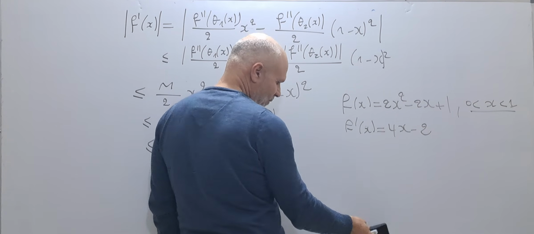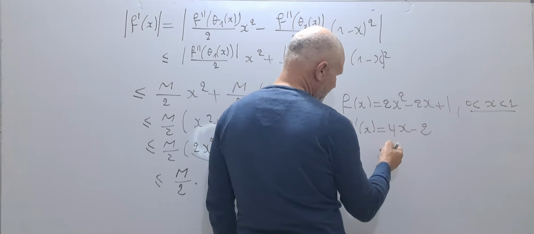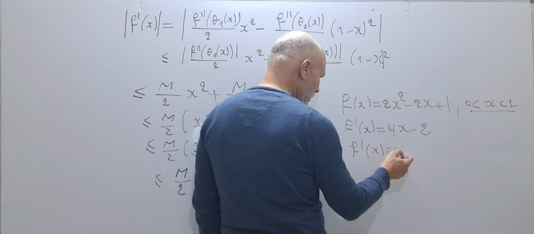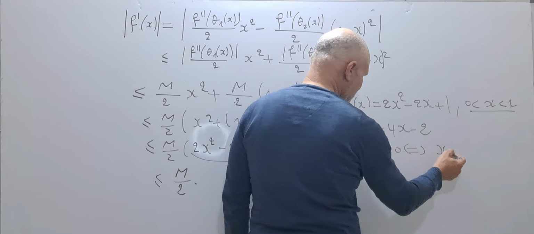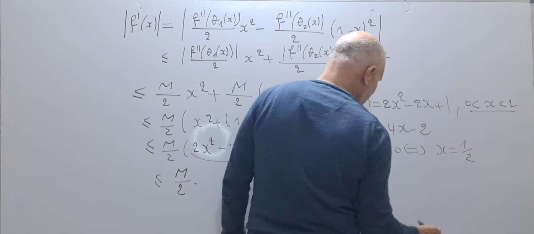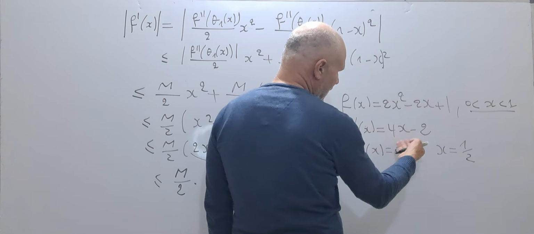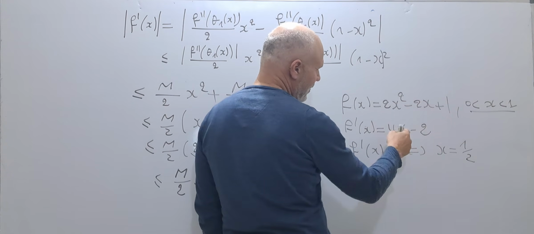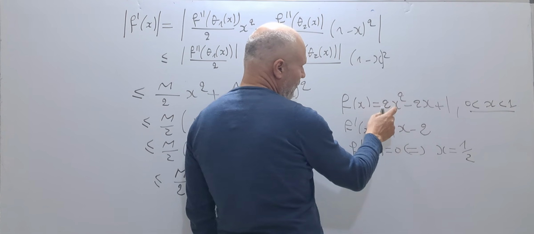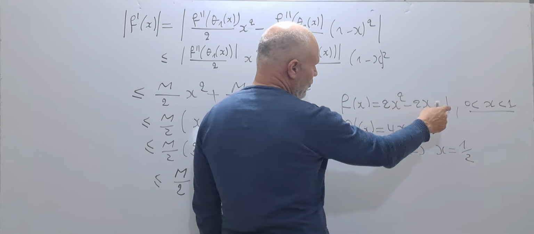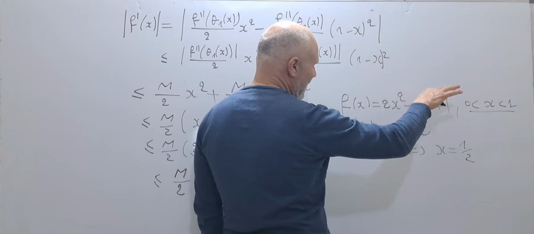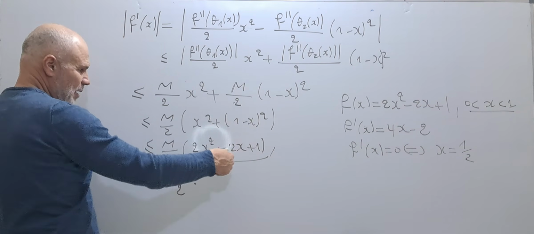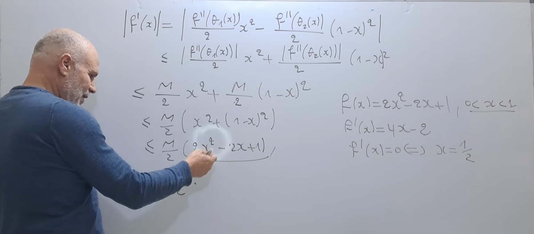So this function vanishes at x equal to 1/2. If x is less than 1/2, it is decreasing. If x is greater than 1/2, it is increasing. The first value is equal to 1, and the maximum is equal to 1. It is so easy to prove that the maximum of this function is equal to 1.